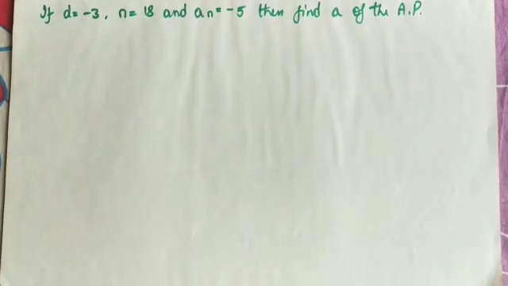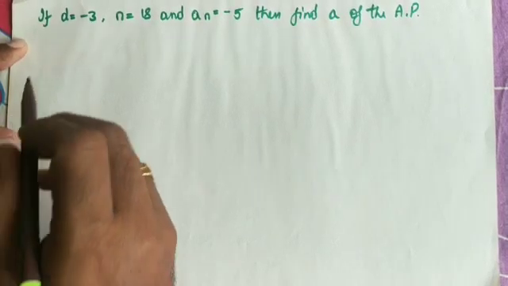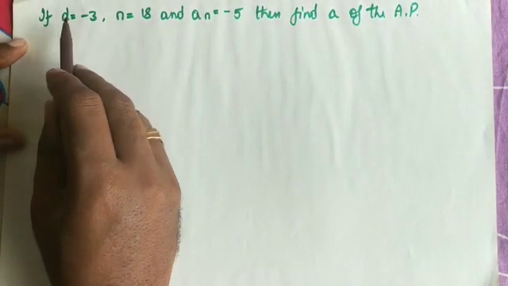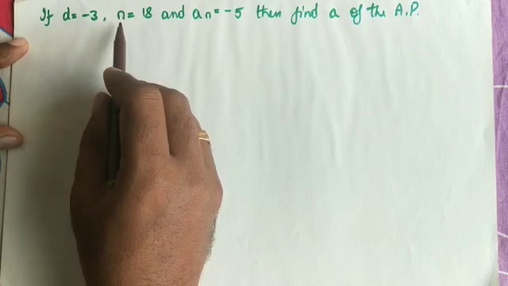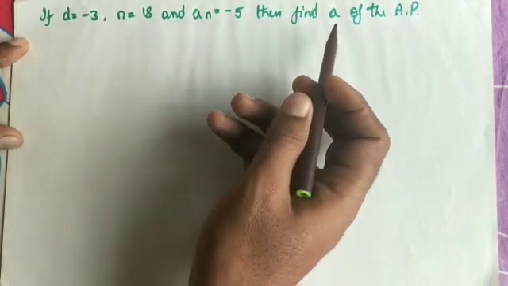If d is equal to minus 3, n is equal to 18, and an is equal to minus 5, then find a of the AP. For this also, it is already given. What we know is the common difference, n, and an, which is minus 5.